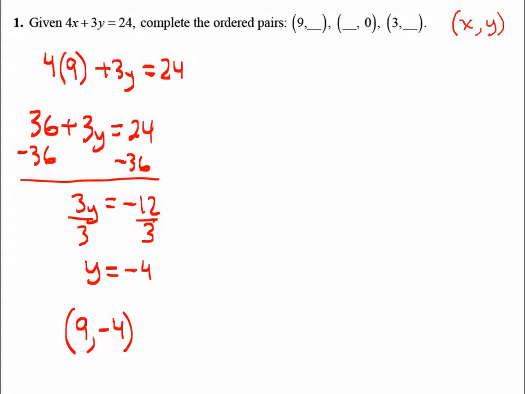So 2 others here. Now you have the 0 as a second coordinate, so I have to figure out which one you're going to plug in for the 0.